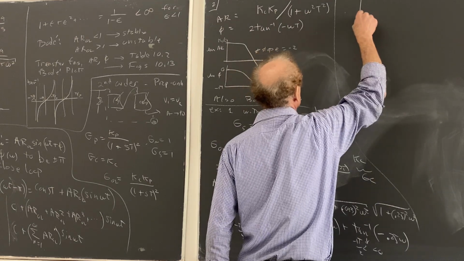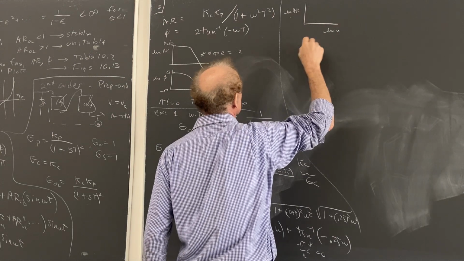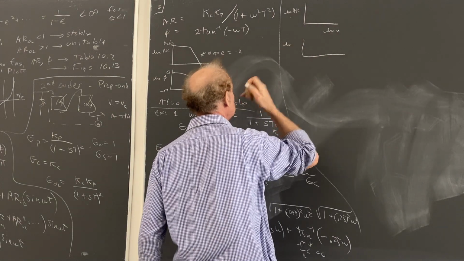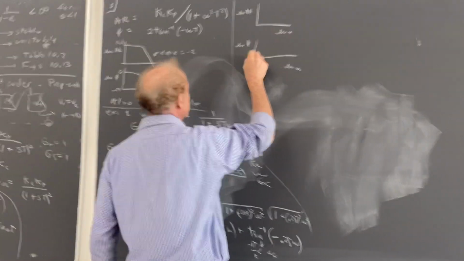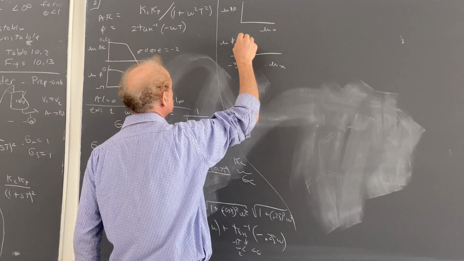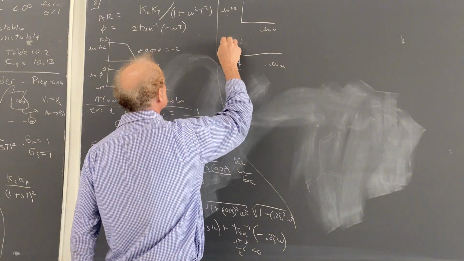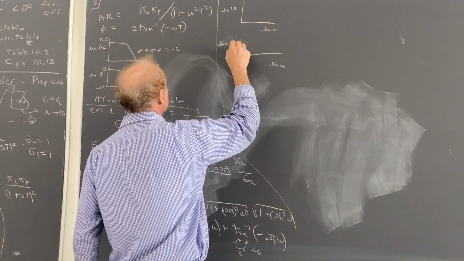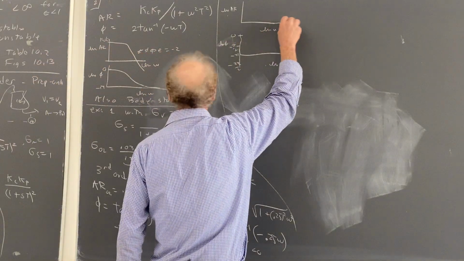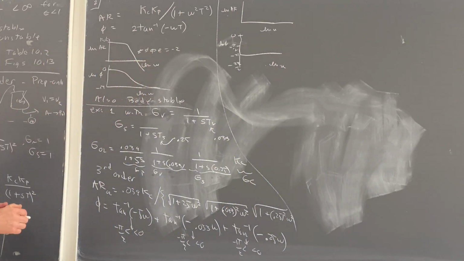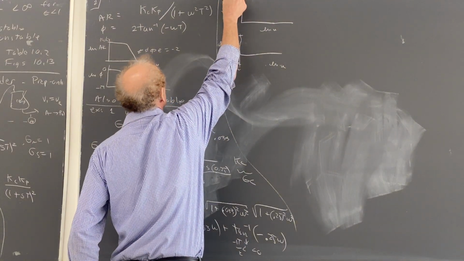So if I look at the log of the amplitude ratio versus log of omega, and the log of phi versus the log of omega, the phase axis goes from 0 to minus pi over 2 to minus pi to minus 3 pi over 2. And let's look at the amplitude ratio. When omega is 0, this is 0.039 Kc.